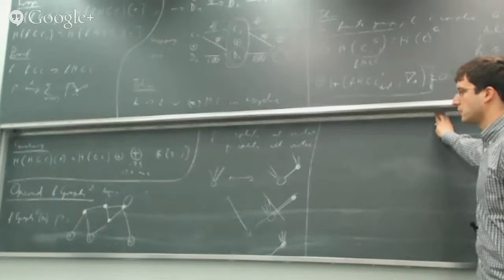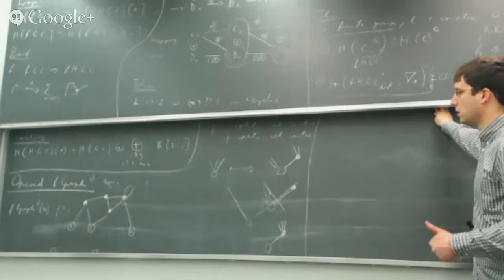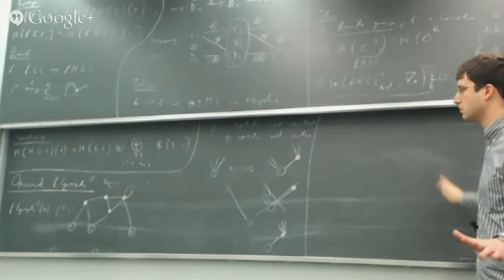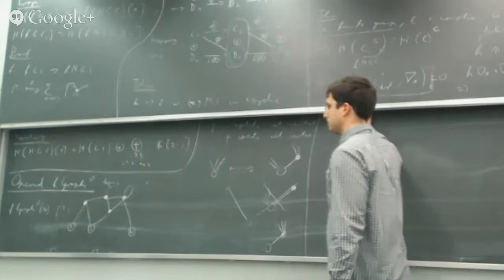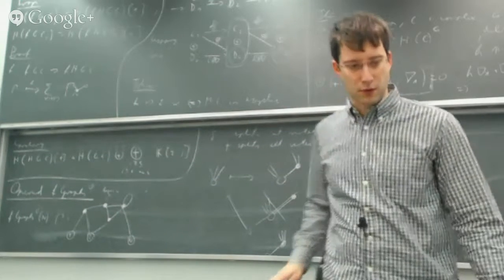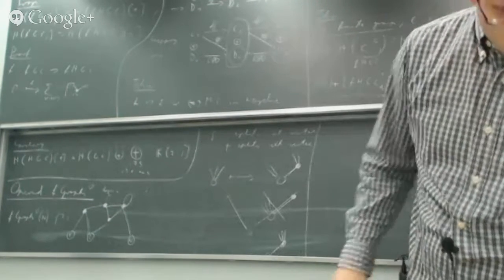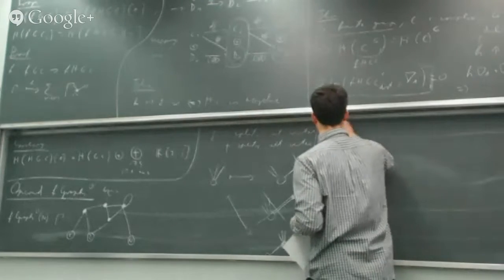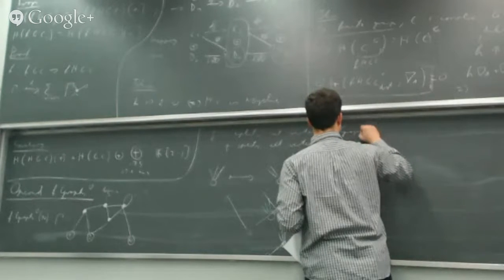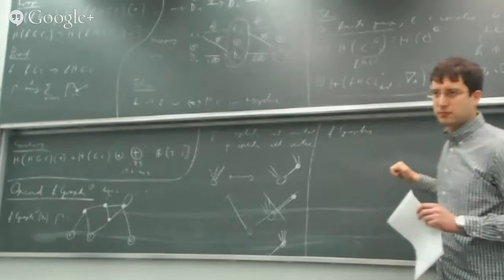Okay, did I forget something? I have differential and composition. Okay, that's fine. And there are some suboperads, to be exact, not to make something. Okay, some suboperad: F graphs without fat poles.